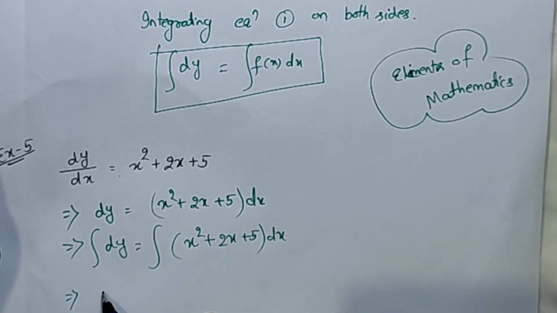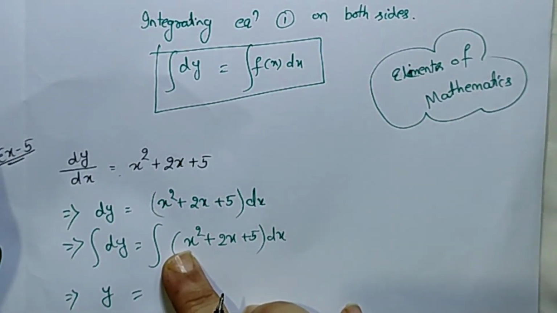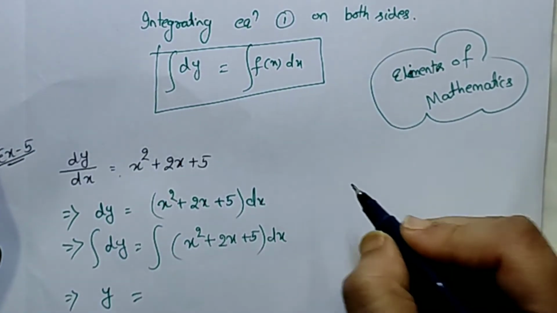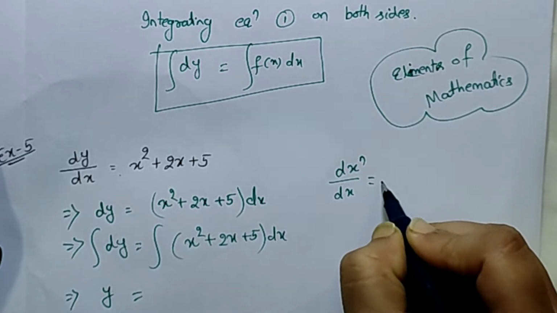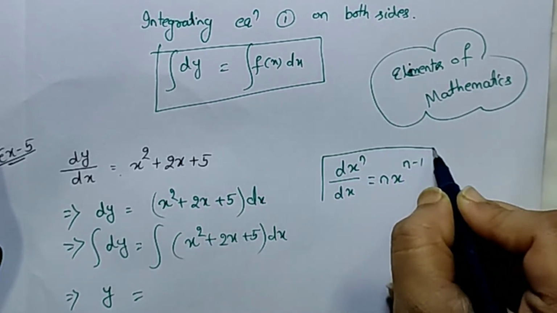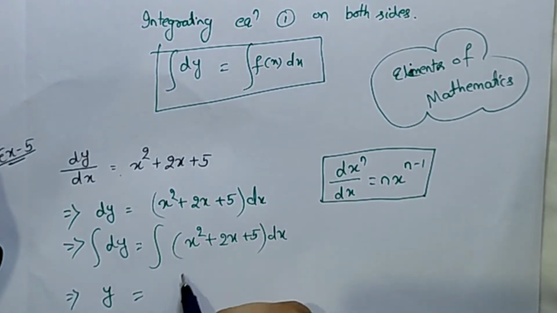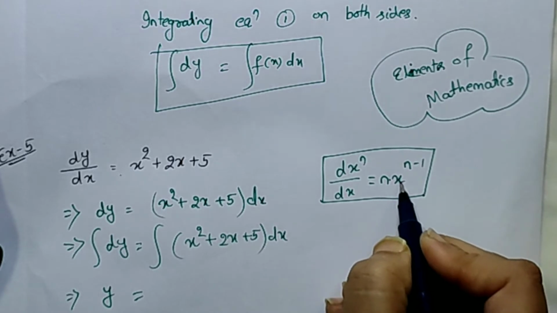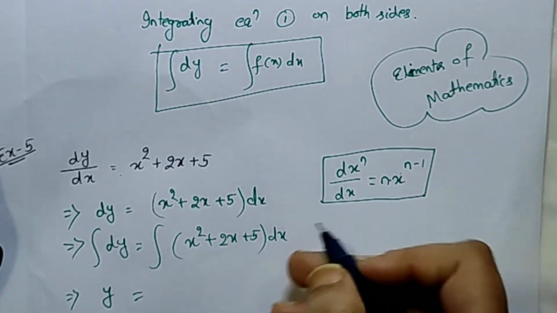This implies that integration of dy is y, is equal to integration of x square. We know the derivative of x power n is n into x power n minus 1. Now apply this formula.